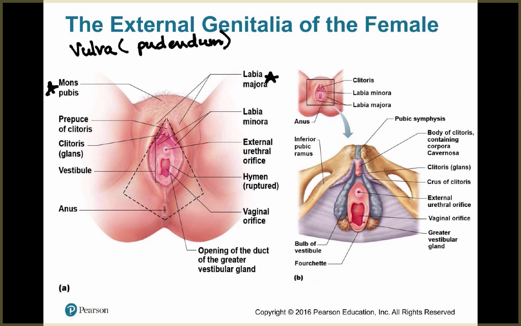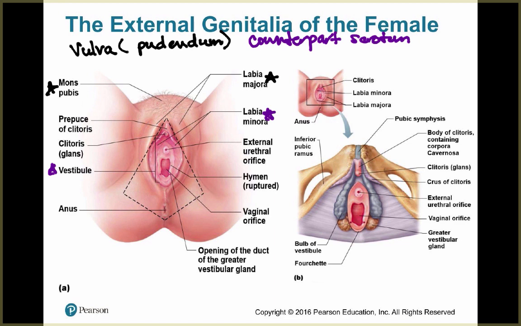Now, you do have a counterpart to the scrotum. Basically that's incorporated into the labia minora, which is the skin fold lying within the labia majora, and this vestibule area, which is essentially the recess within the labia minora.